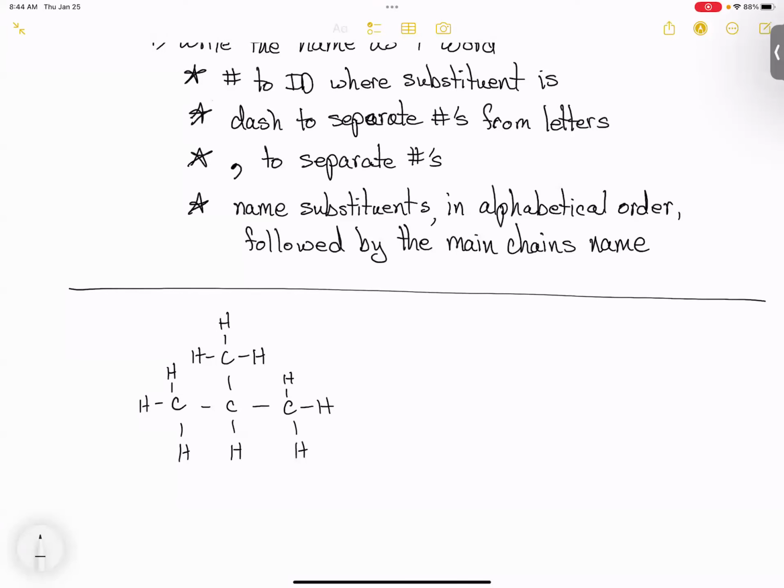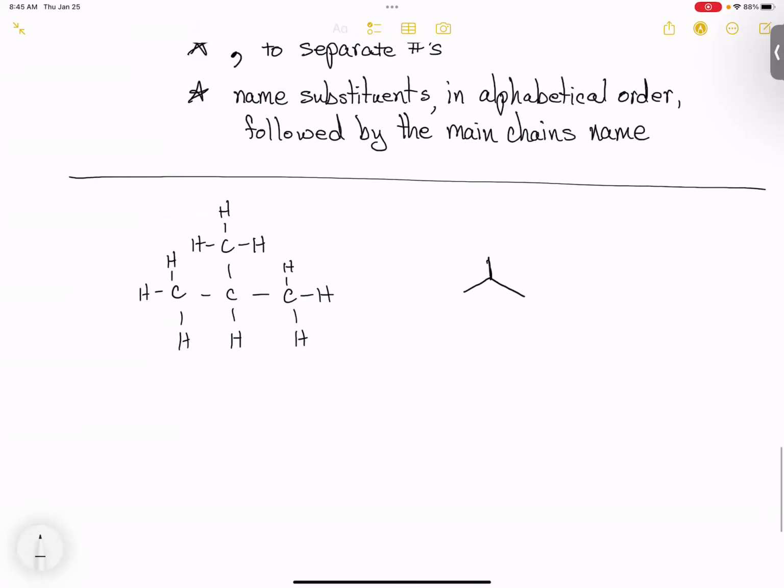I could have written that in this format, but you also need to be prepared for it to be in this format. Those would mean the exact same thing. Or I could have written it in this format. All three of these mean the exact same thing.